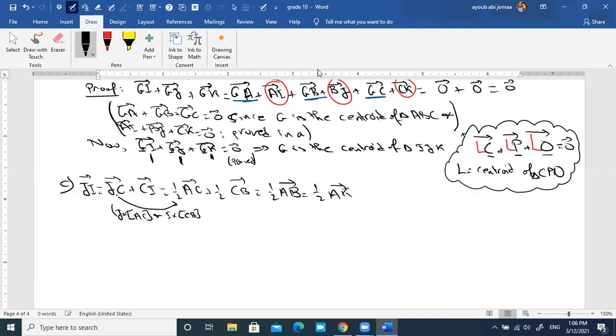Shouldn't it be AK, not half AK? Yes, AK. Sorry, AK. Thank you. And from this step to this step, because here K is the midpoint of AB.